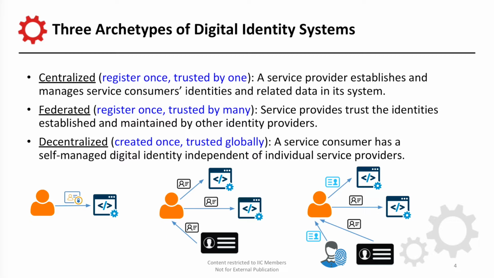When you talk to different service providers, you provide a certain set of credentials to access their service. So for centralized identity systems, you create once and it is only trusted by one. Federated: create once, and it will be trusted by many. Decentralized identity systems: the ultimate goal is you create an identity once, trusted globally. All the identity providers form a kind of trust graph.